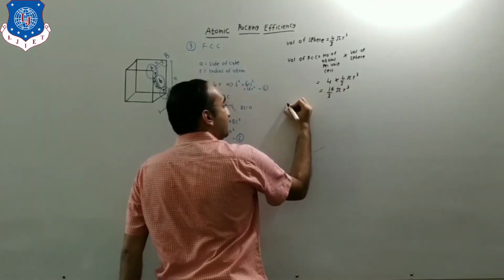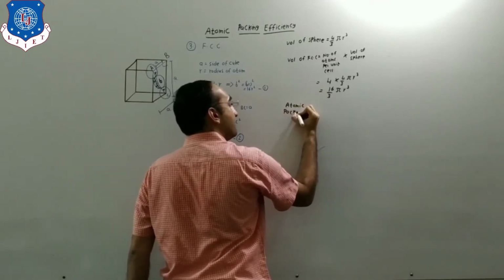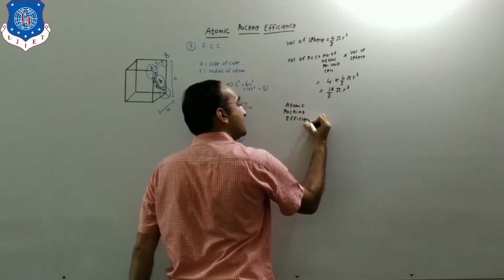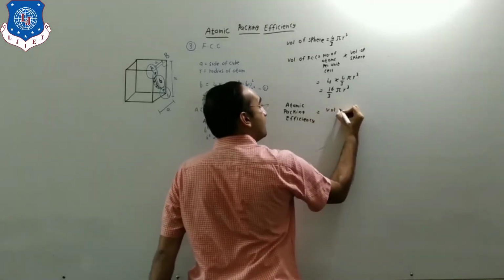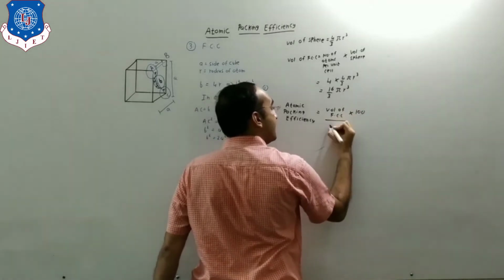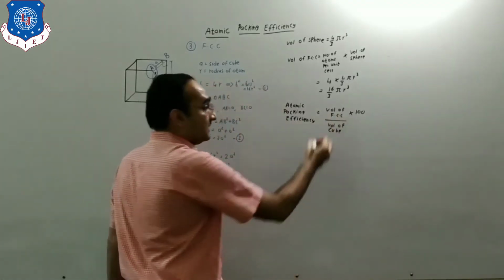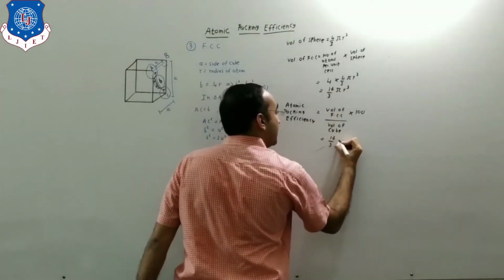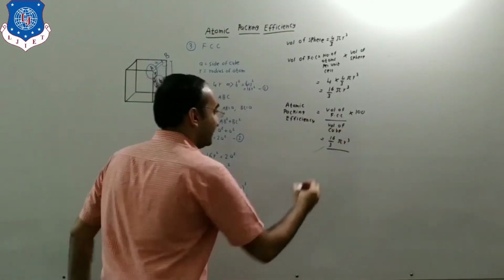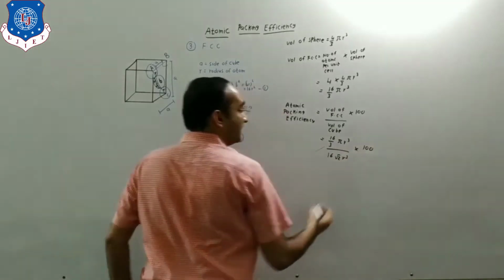Now, next is atomic packing efficiency. Atomic packing efficiency will be equal to the volume of FCC multiplied by 100 divided by the volume of the cube. What is the FCC volume? 16 by 3 pi R cube, divided by the volume of the cube, 16 root 2 R cube, multiplied by 100.